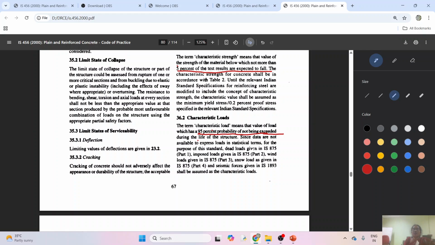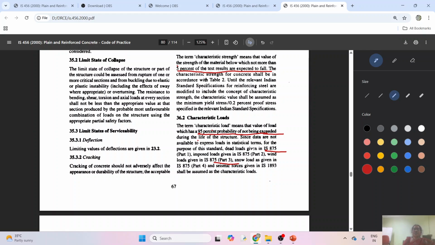Since data are not available to express the load in statistical terms, for the purpose of the standard, dead load is given in IS 875 part 1. Imposed load, these also we have already discussed in the previous session. Live load or imposed load is in IS 875 part 2. Wind load is given in IS 875 part 3. Snow load, IS 875 part 4, and seismic forces are considered as per IS 1893.